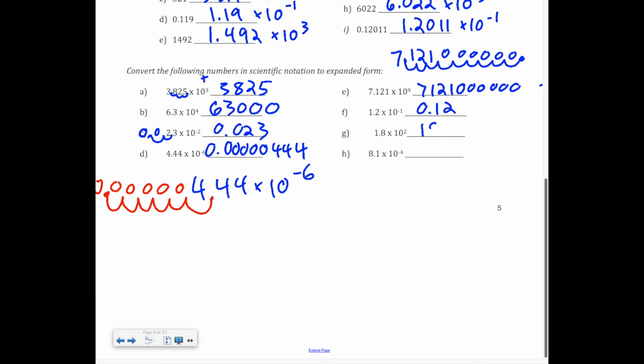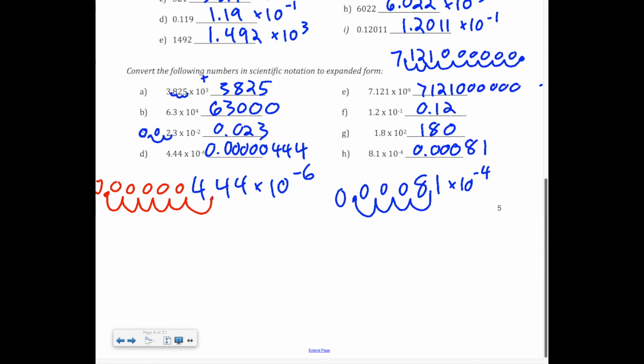This one should be 180. And then this one should be 0.0. Oops, hold on. I gotta write it out. 1, 2, 3, 4. Okay, 4 places. So 1, 2, 3. And then that leading 0. So 3, 8, 1. That's how you do that.